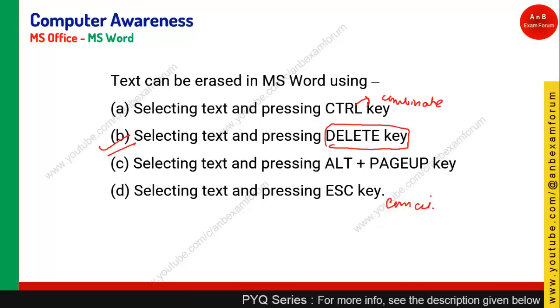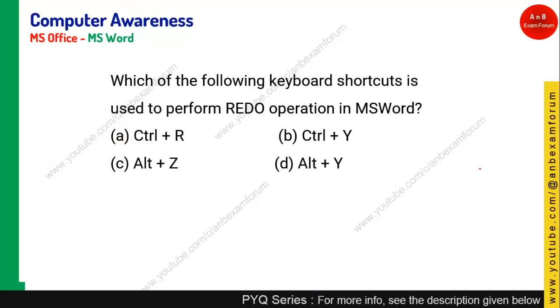So for this question, if you are erasing something, it can be with the delete key and the backspace key. Backspace, it is denoted by like this. So option B is the right answer.